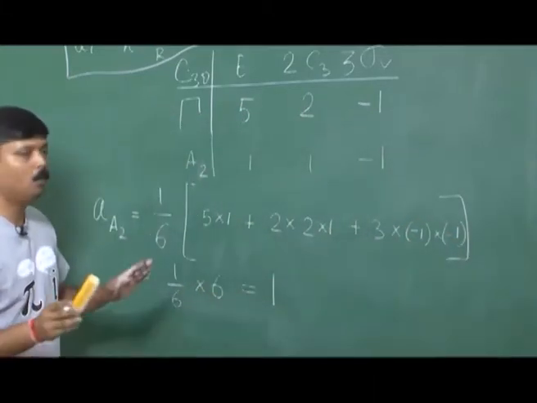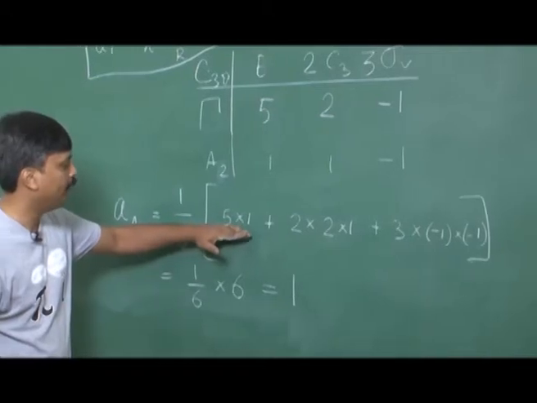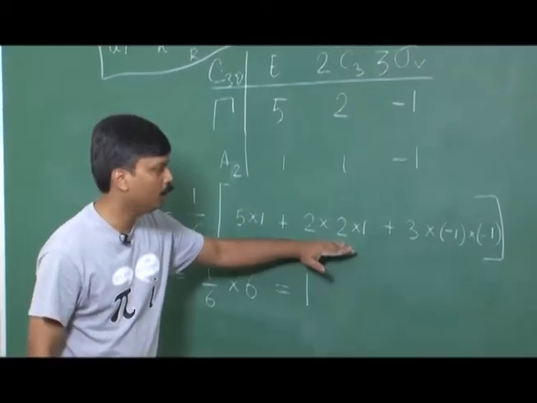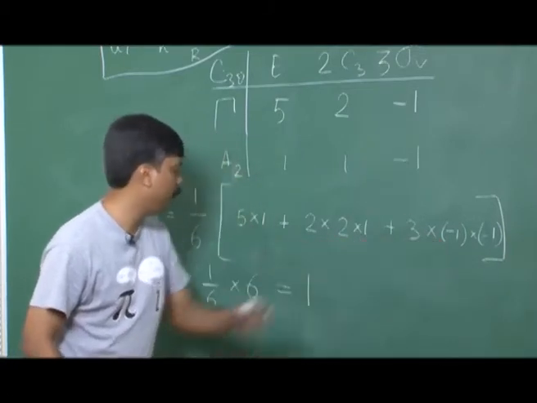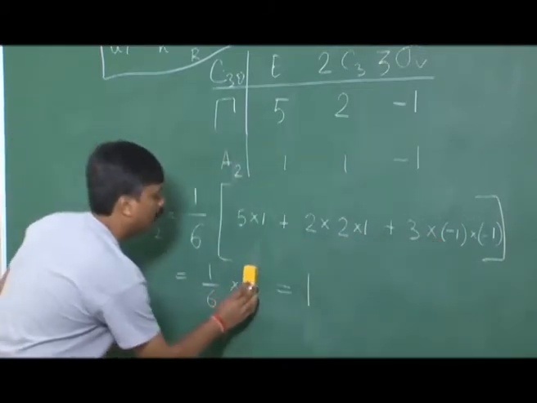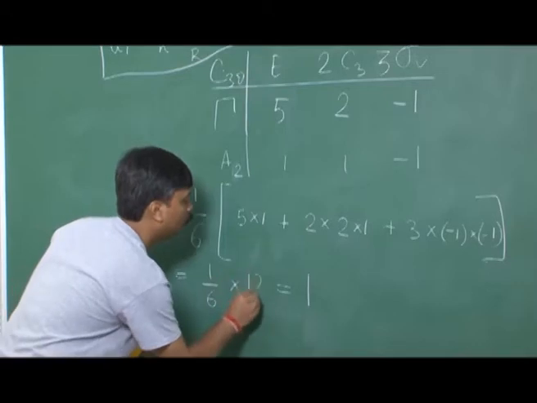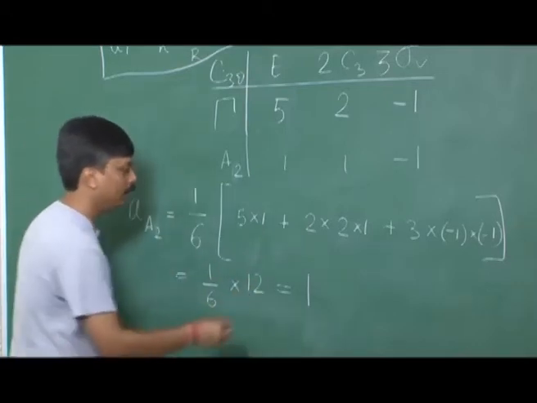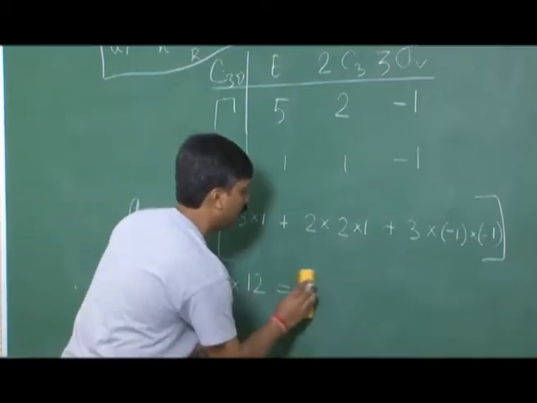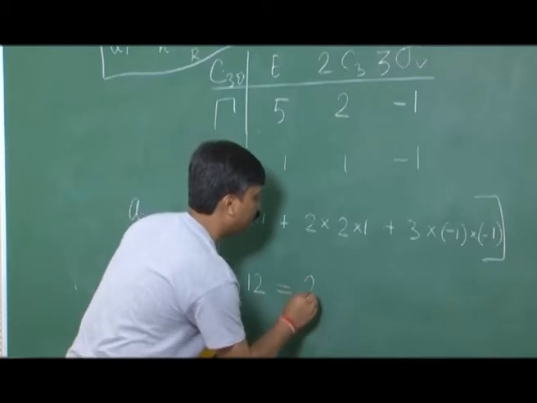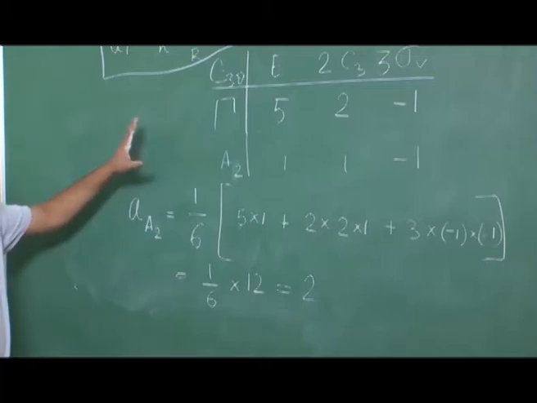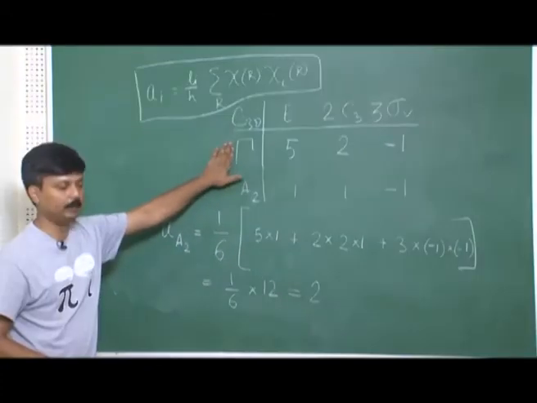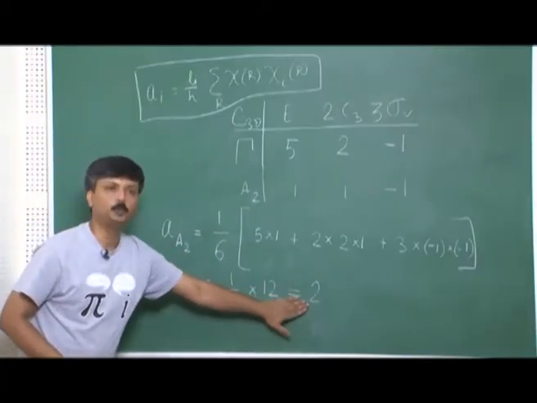So now what I have is 5 plus 4 minus minus plus, so I have plus 3. So I have 12. So for A2 I have 12, correct? And therefore the number of times A2 will be present if I reduce this particular representation is 2.